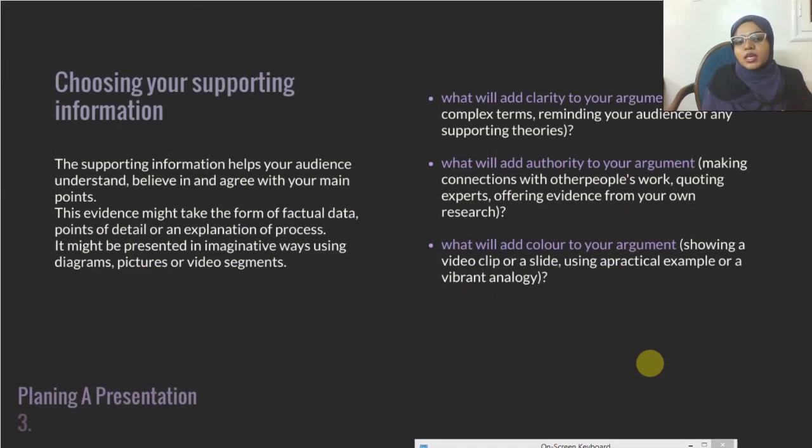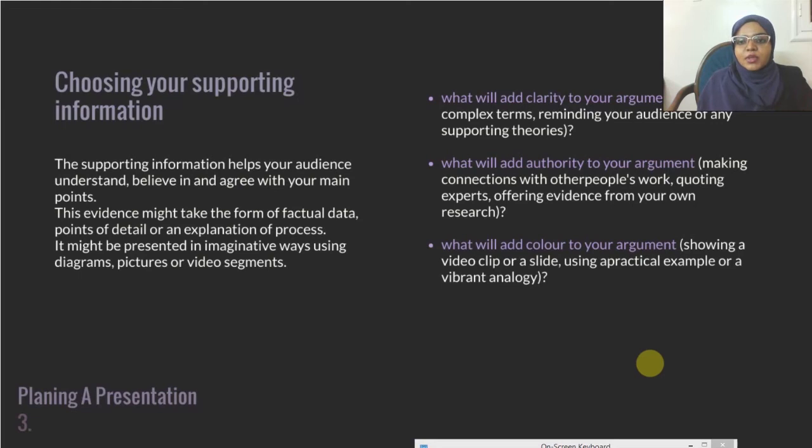This evidence might take the format of factual data, or it could be graphs or pictures or videos or whatever. So when choosing your supporting information, you have to consider three things. What will add clarity to your argument?